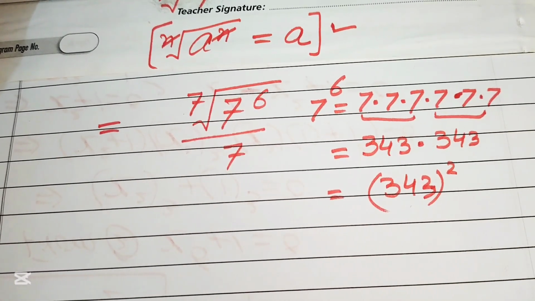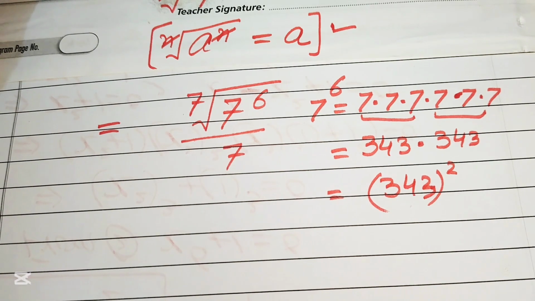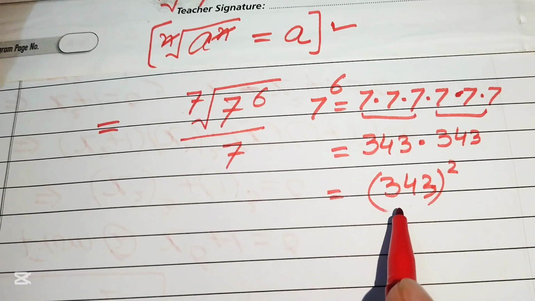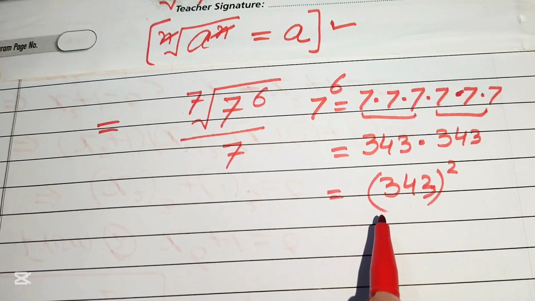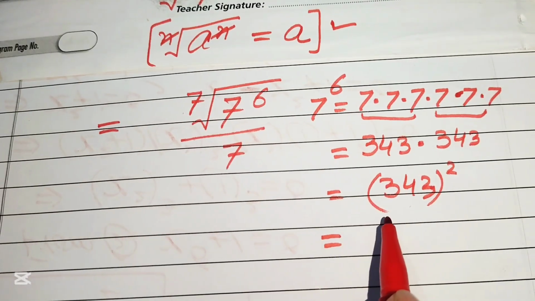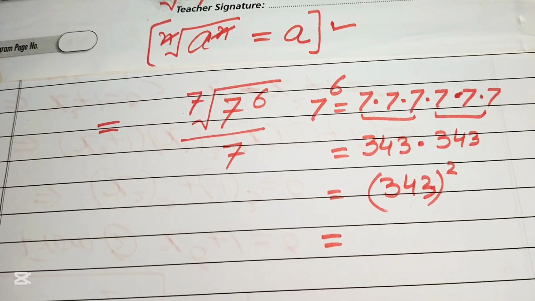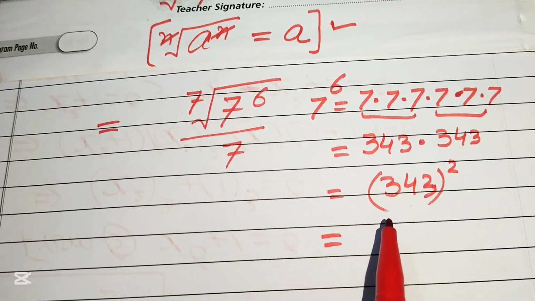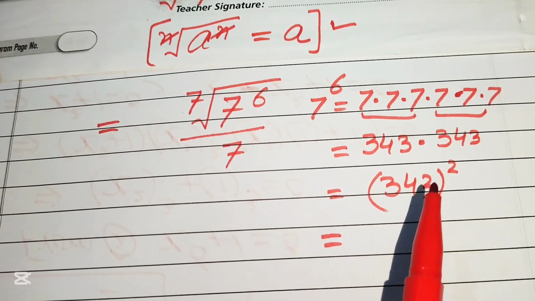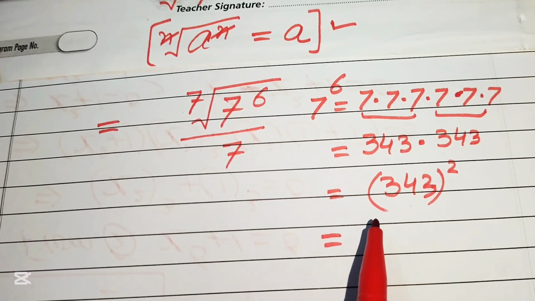Okay, so now in order to find the more simplified answer, we need to multiply 343 with 343, or in other words, take the square of 343. Using the traditional method of multiplication, you can easily multiply 343 by 343.